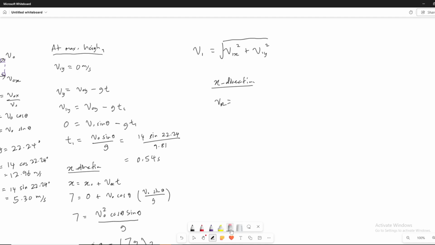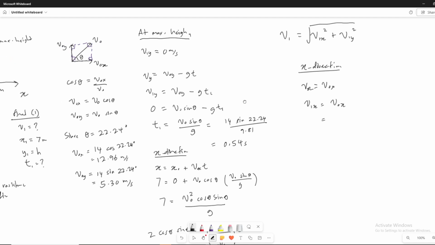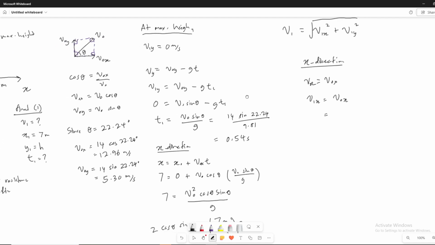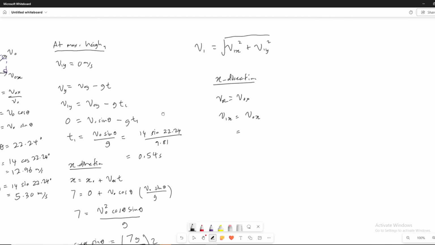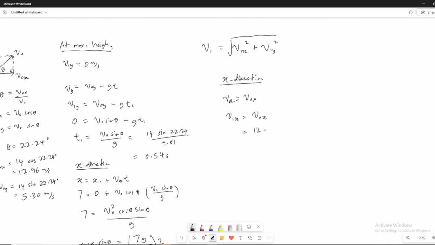So Vx is V naught x. It means that V1x is V naught x, which is 12.96 meters per second. So V1 is the square root of 12.96 squared plus 0 squared, so it is 12.96 meters per second. This is V1.